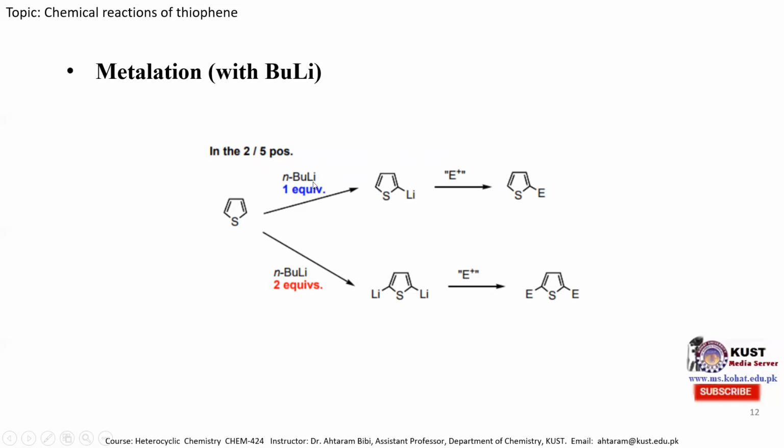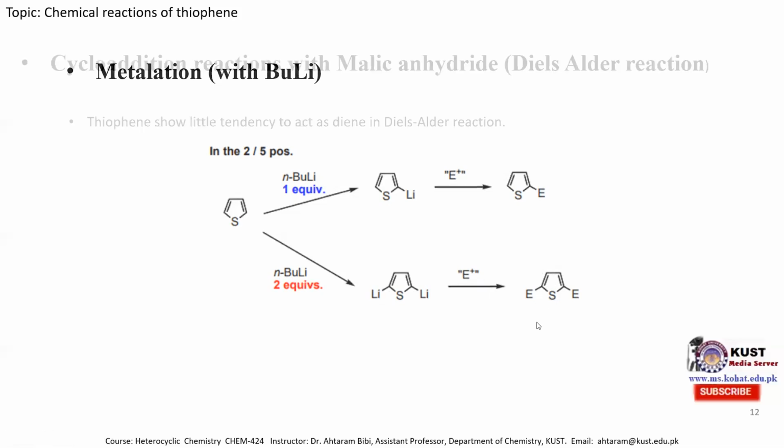So when using one equivalent of butyl lithium, the thiophene can be lithiated, and lithiated thiophene can easily undergo electrophilic substitution reaction to produce the alpha electrophile-substituted thiophene molecule. When thiophene is treated with two equivalents of n-butyl lithium, then the 2,5-dilithium thiophene molecule is formed, and when it is treated with an electrophile, one can obtain the 2,5-substituted thiophene molecule.